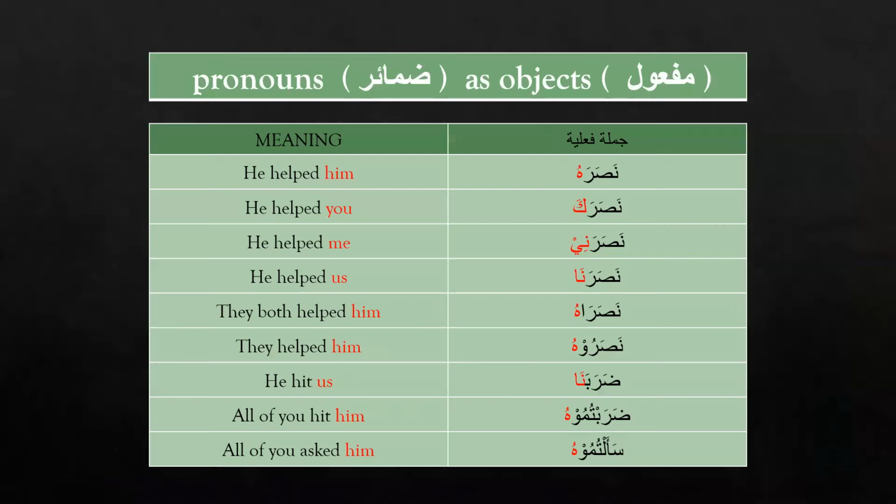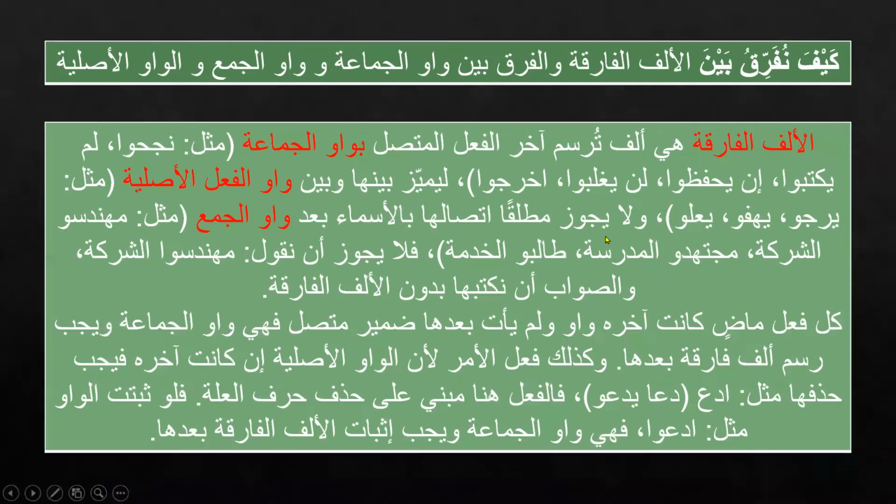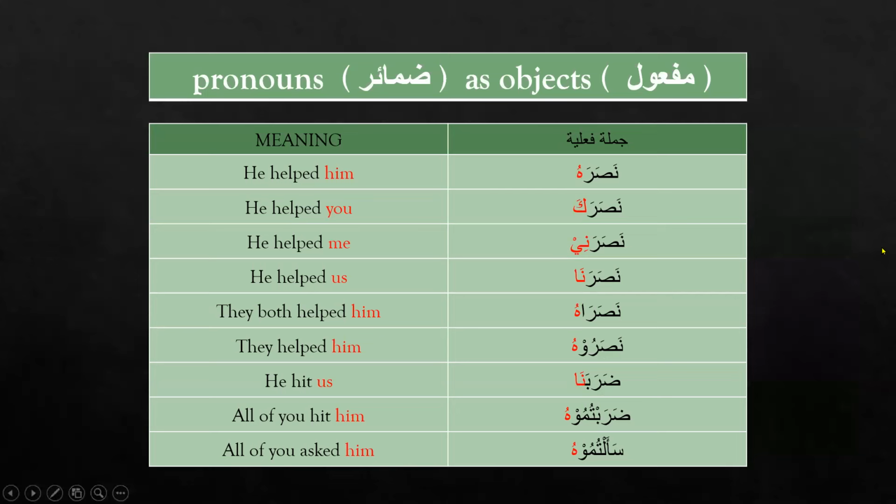Okay, so see here, Alif Al-Fariqah is an ism that comes after the wow jama'a if there is no damir muttasil added. What does that mean? You can see here in the last session we did Nasarahu, Nasaraka, and here Nasaruhu. We attached a damir muttasil with the jumla fa'iliya, and we learned that in the hum form we drop this alif.